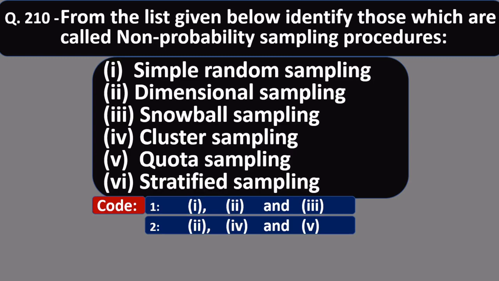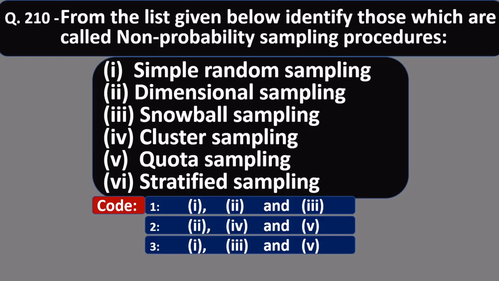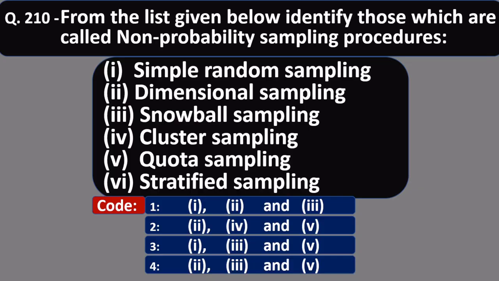Option number 1, 1, 2 and 3 are non-probability sampling. Option number 2, 2, 4 and 5 are non-probability. Number 3, 1, 3 and 5 are non-probability sampling. Number 4, 2, 3 and 5.